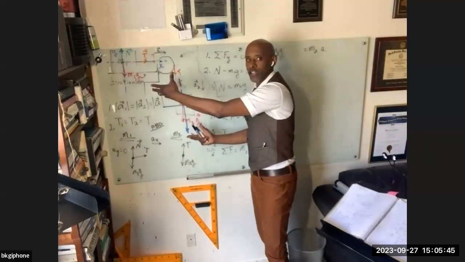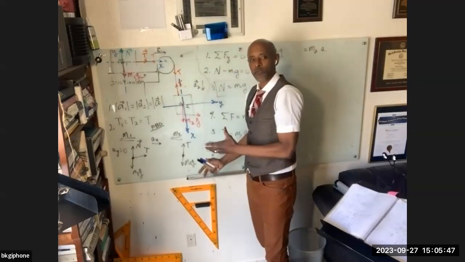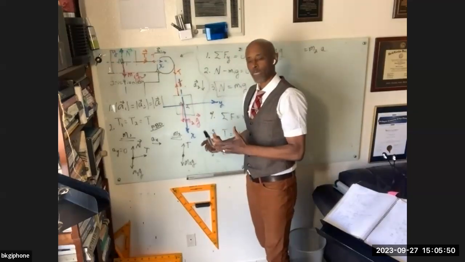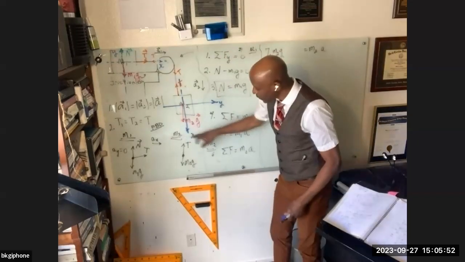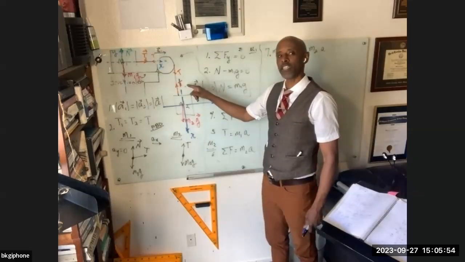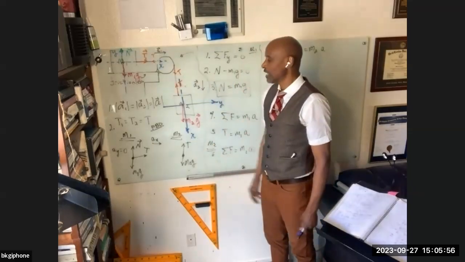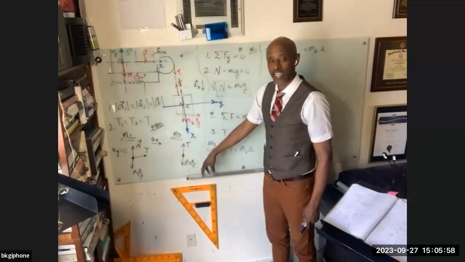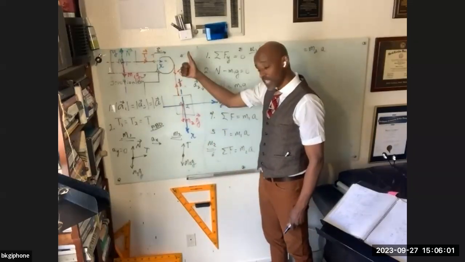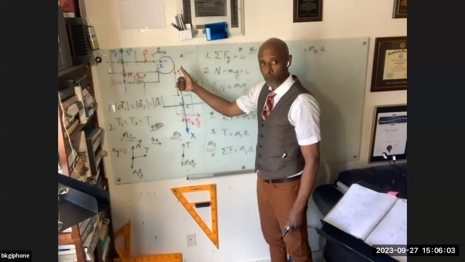These things are unified. So they have the same magnitude of acceleration, the same direction. And at this point, I know that this force M2G has got to be greater than T because it's causing it to move. It's the force that's causing it to move in that direction. T is trying to make it move in the negative x direction.